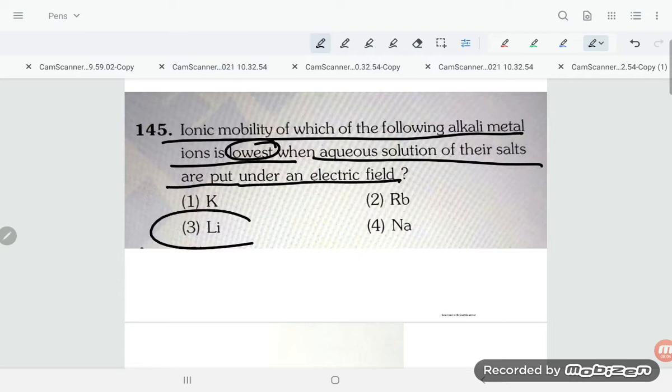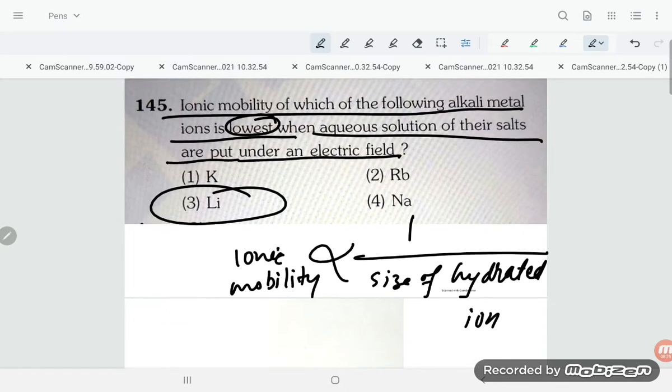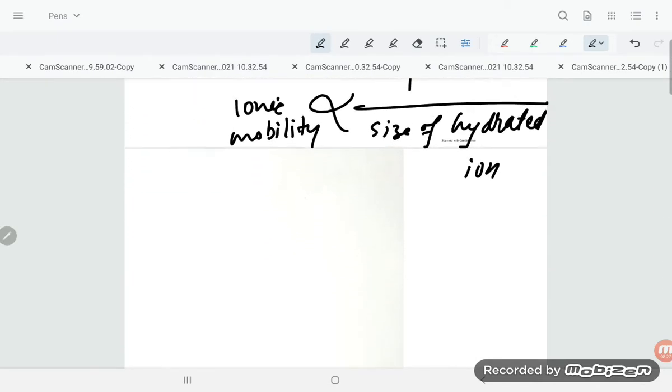Lowest means lithium, lithium has the highest hydration energy, and we know, student, ionic mobility is inversely proportional to the size of the hydrated ion. So that is our required answer, 145, the third option is correct.